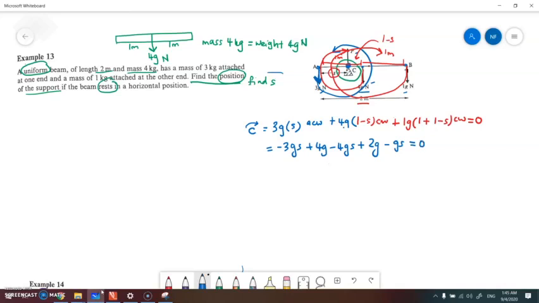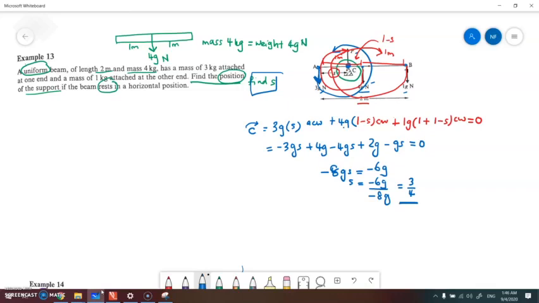So your objective is to find S. So we have negative 8GS equal to negative 6G. And then your S is negative 6G divided by negative 8G, 3 over 4. So your S is 3 over 4.